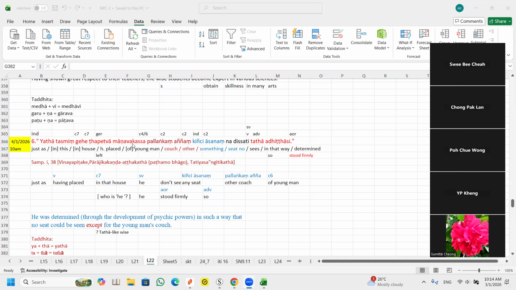Then you see manawakasa. This one we learned last week. So this one is a secondary derivative. Aka is added to manawa. Technically this is a secondary derivative, and you can see secondary derivatives are very easy.